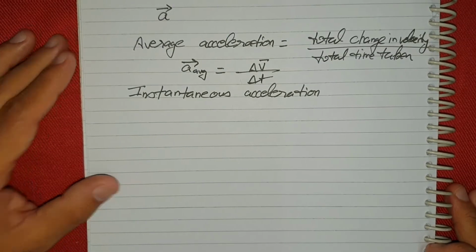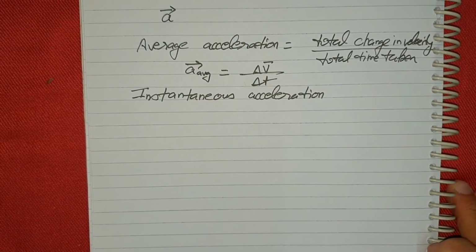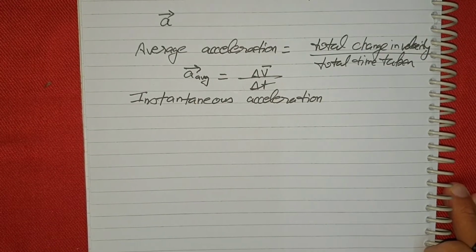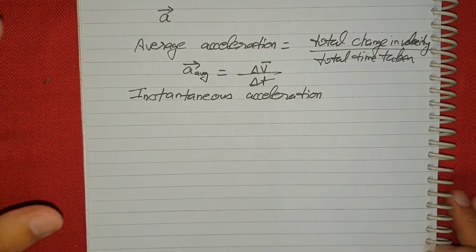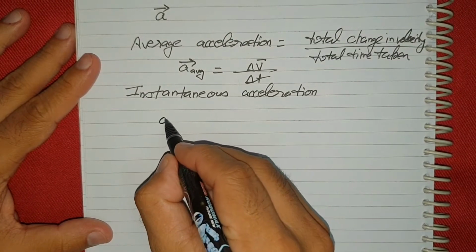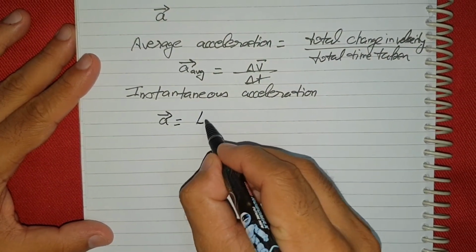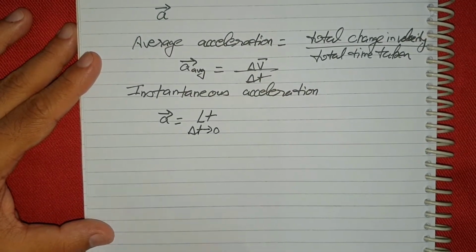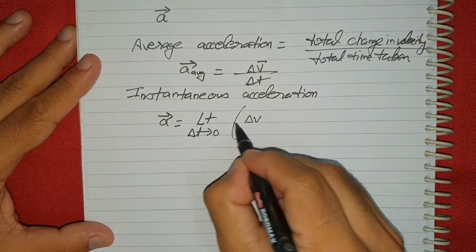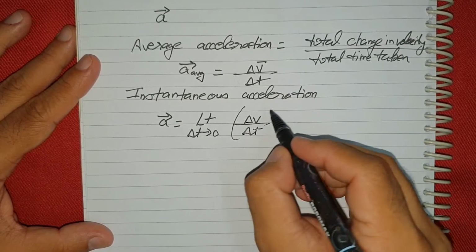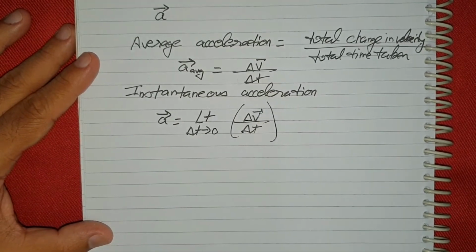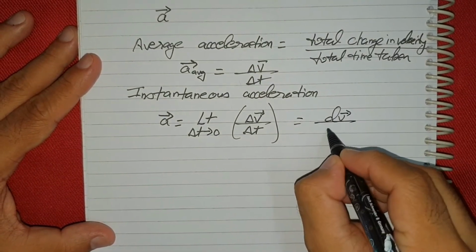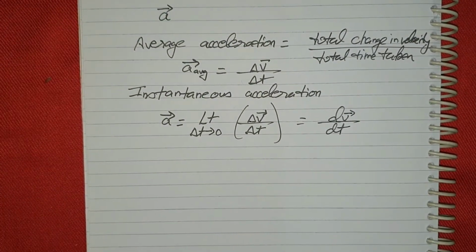Now, for the instantaneous acceleration, we have to take delta t tends to 0, meaning the time interval is very small. So acceleration is given as the limit as delta t tends to 0 of delta v by delta t, which is also written as dv by dt.